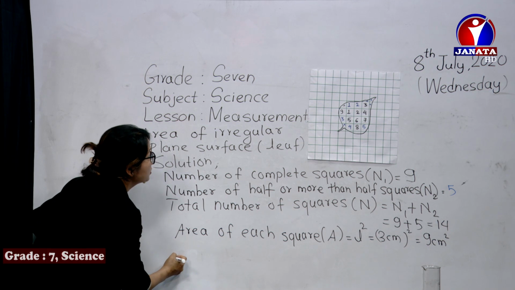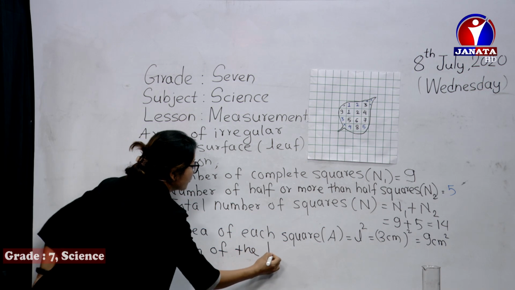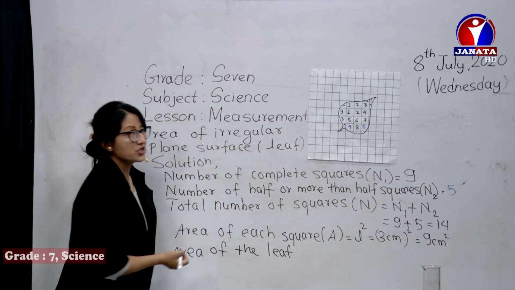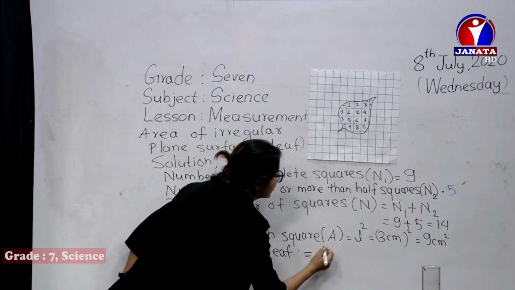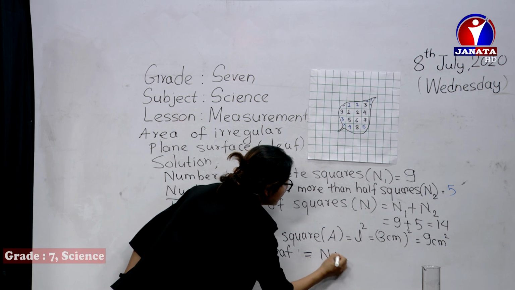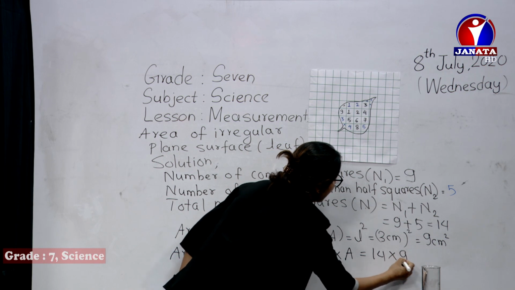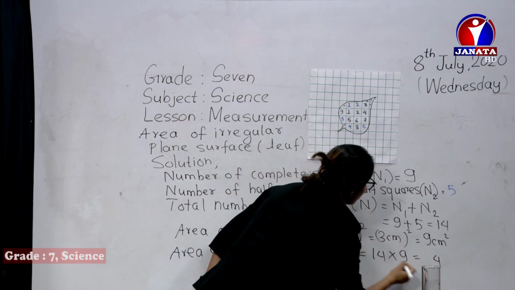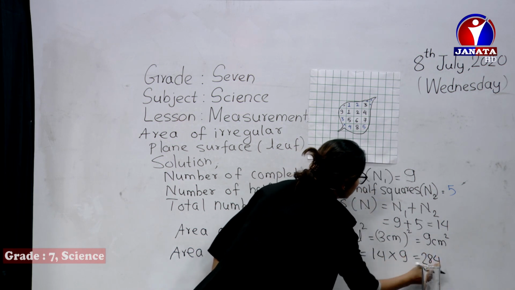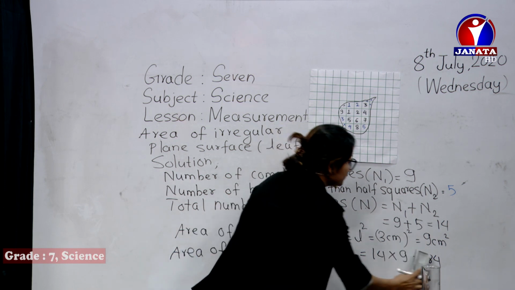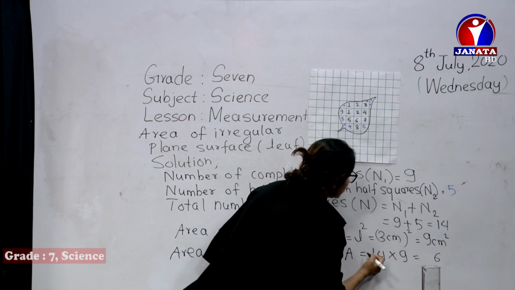If I write here, I think it would be visible. The area of the plane surface of the leaf is n times A. So it's 14 into 9. 9 4s are 36, 6 carry 3, 9 1s are 9, 10, 11, 12.